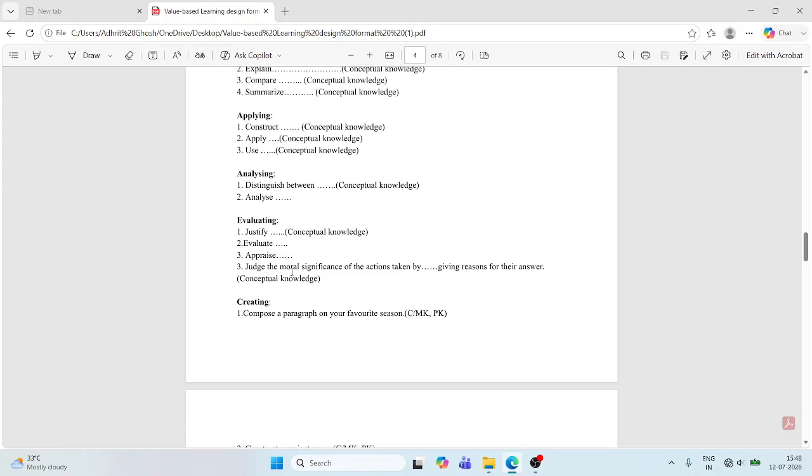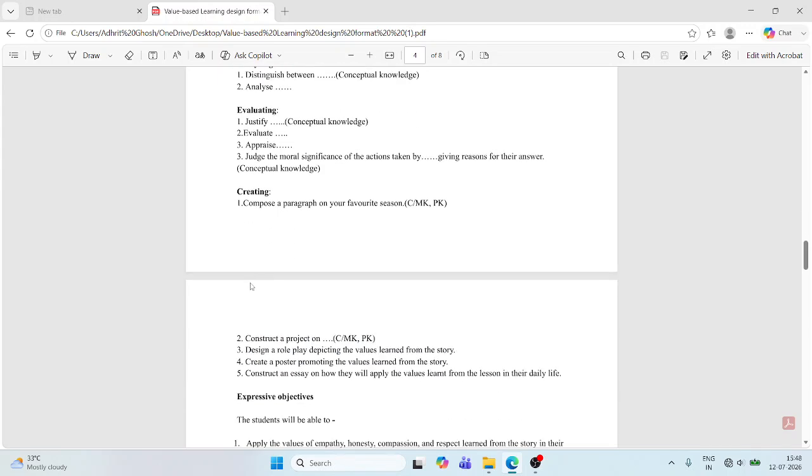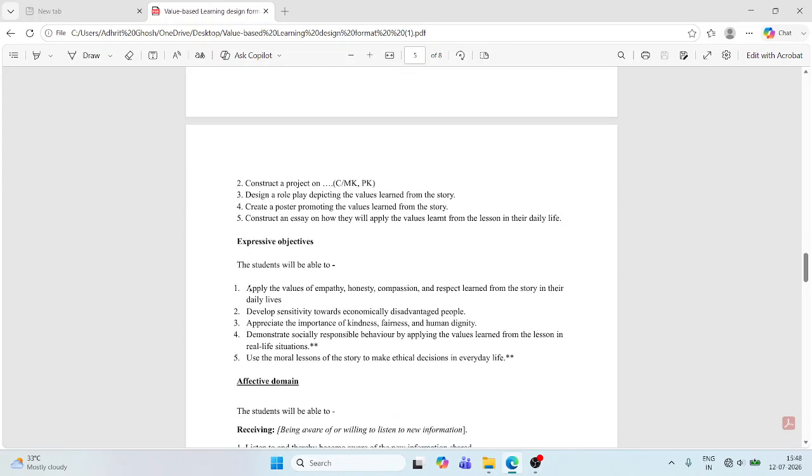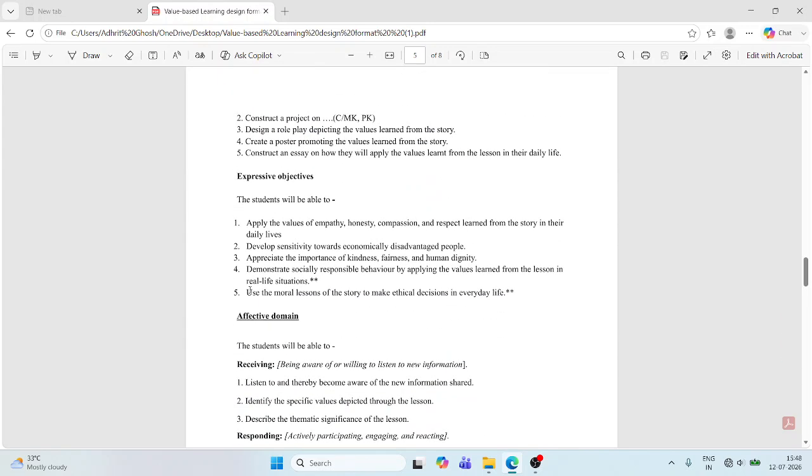In case of creating, you can write, in the normal cognitive dimension, paragraphs and all. Apart from that, you can also ask them to design a role play, for example, the interaction between an Aryan and a Dravidian.